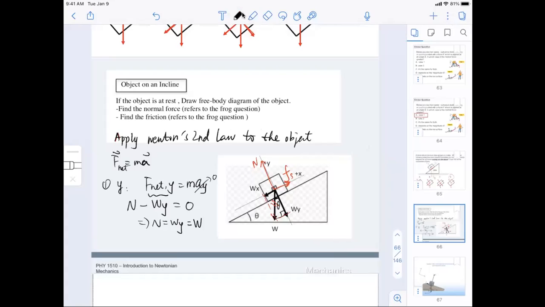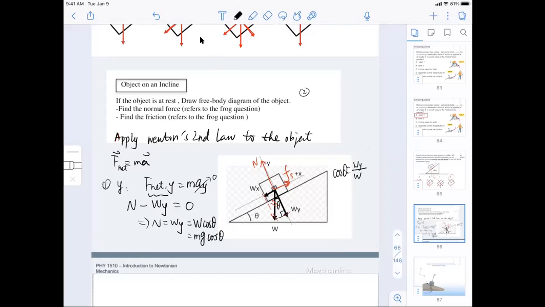So the Y component Wy is W times cosine theta or sine theta? It's cosine. Thank you, Eric. It is cosine theta because the cosine is the adjacent side of the triangle, which is Wy, right? So you can calculate this way. If you want to replace W using mg, if you know the m, that's fine. Or if you're given weight directly, you can just use weight. So that's the normal force.